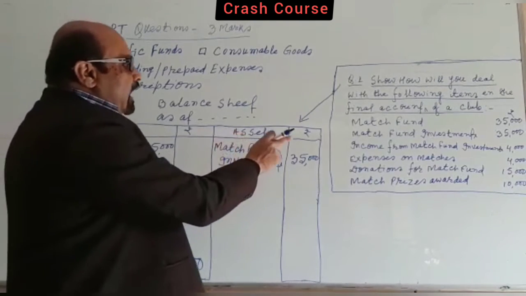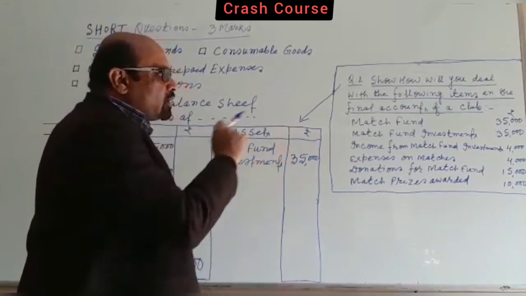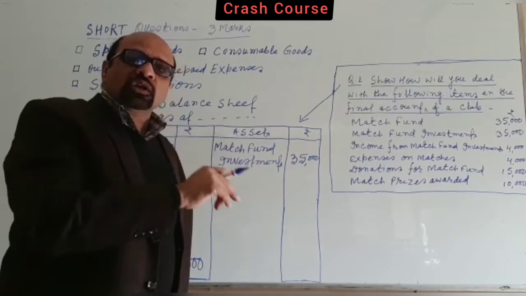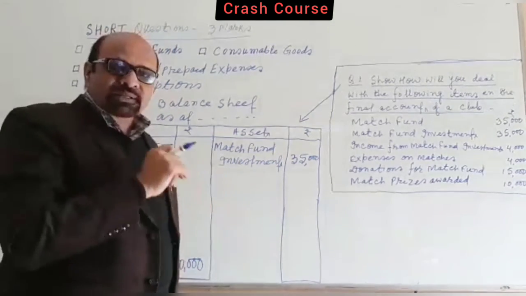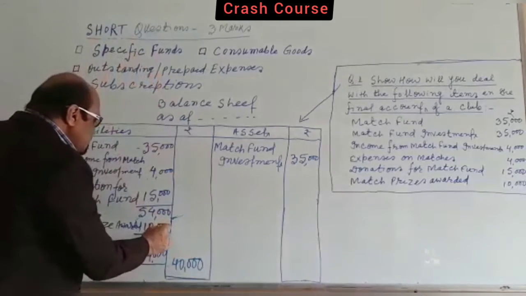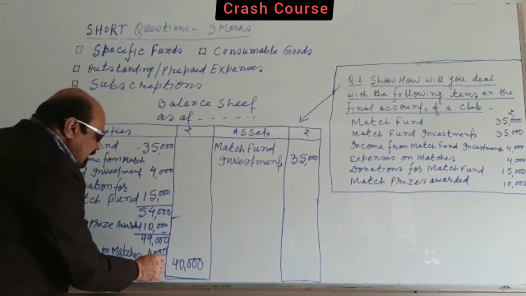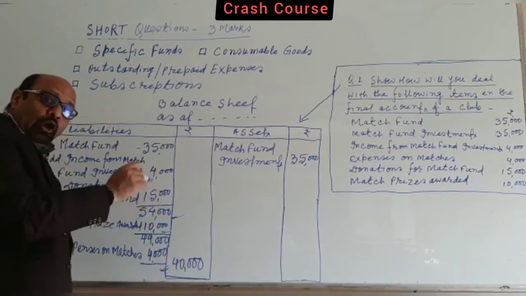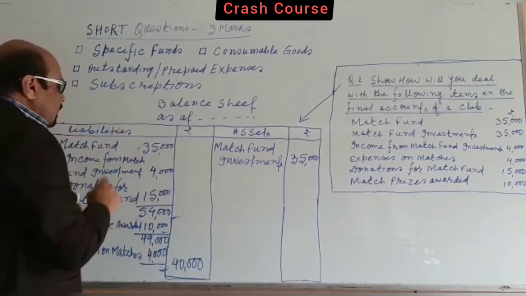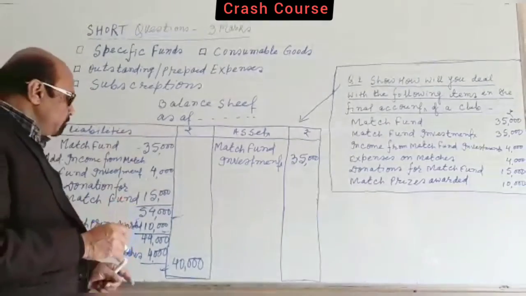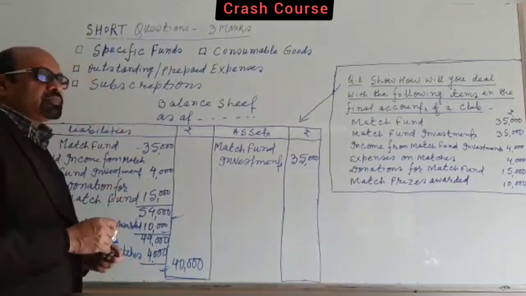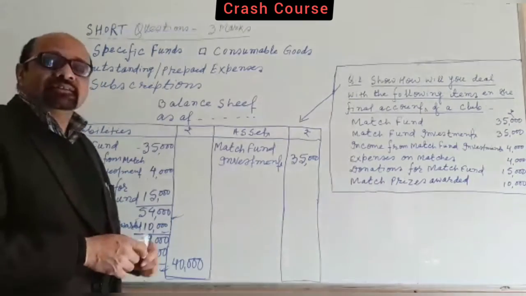And match price awarded, how much? 10,000. This is also one type of expense. We also deduct this 10,000 rupees from here. After that, what is the net amount at the end of the year in the particular fund? That is in the match fund, 40,000. That will show in the liability side.